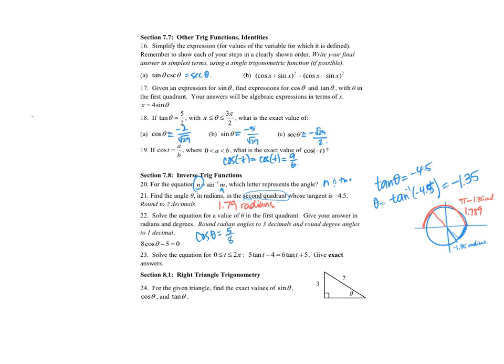So I can use my inverse cosine of 5/8. In radians, that's 0.896 radians. And if I write that in degrees, I can just change my mode to degree mode and do cosine inverse of 5/8. That gives me 51.3 degrees.